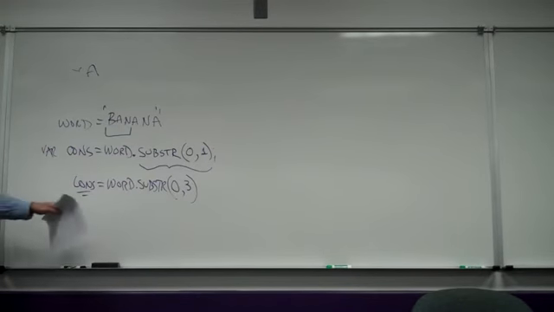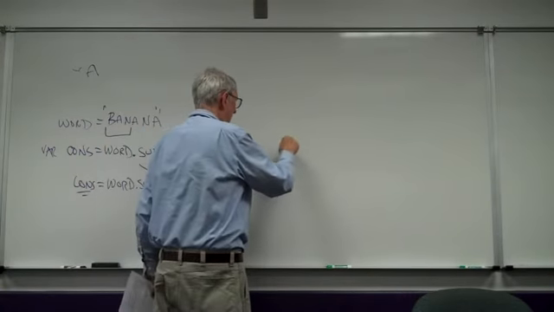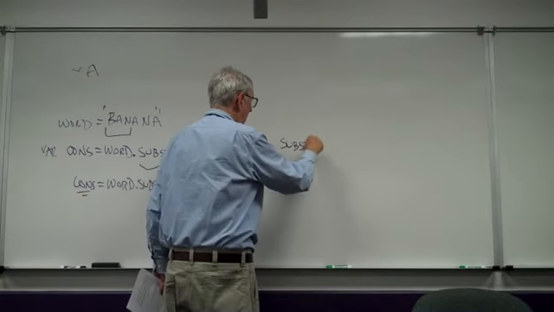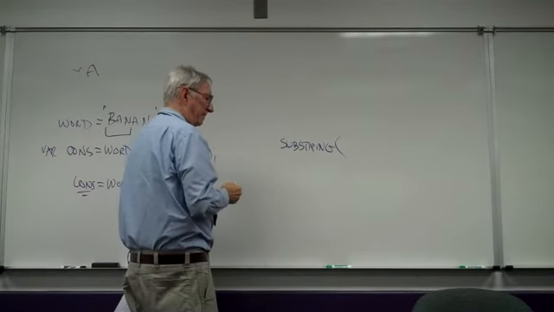There's another instruction. I'm going to show you the other one. This is why I showed you this one first, because this is the one that works exactly how you think it would work. Start at the first character, pull 3 characters, and it pulls them out for you. Copies them for you. There's another one called substring, and it does something quite different.